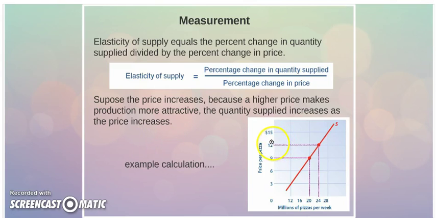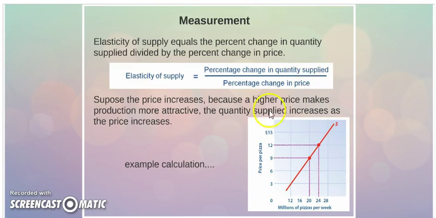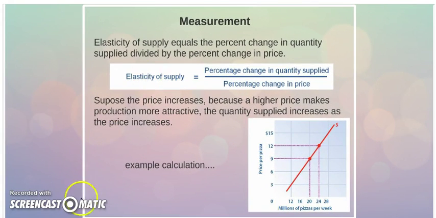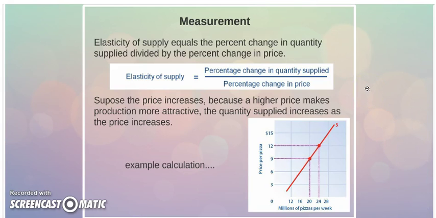But we'd be talking about the percent change in quantity supplied, which would be, subtract these two. 24 minus 20 divided by 24 would go right up here. I was going to see if I could write. I can't write. Sorry, we would do 24 minus 20 divided by 24, which is 16.7%.